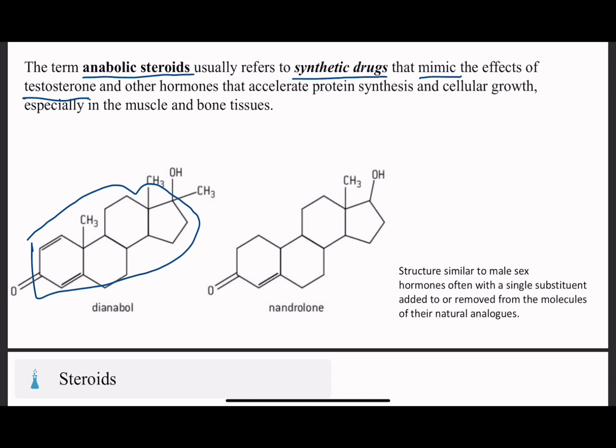When you give it to the body through the syringe, your body does not recognize whether this is testosterone or not. It looks like testosterone to it, so it right away escalates protein synthesis and cellular growth. That's why you get a lot of muscle and bone tissue increases.